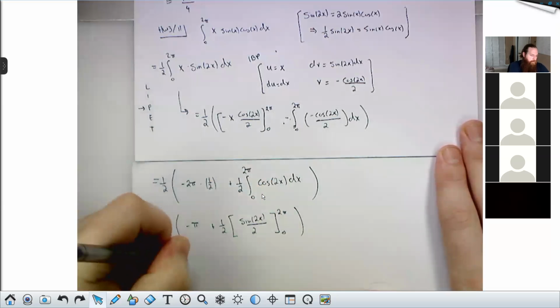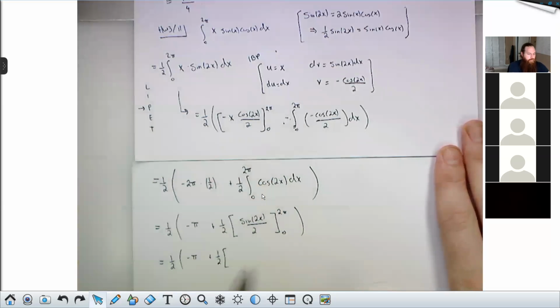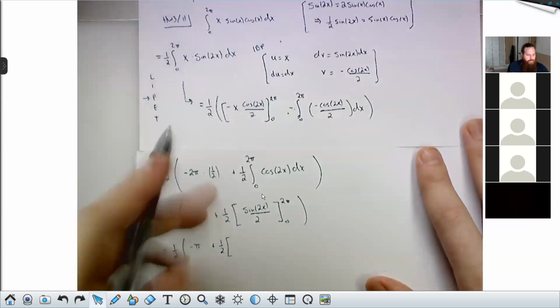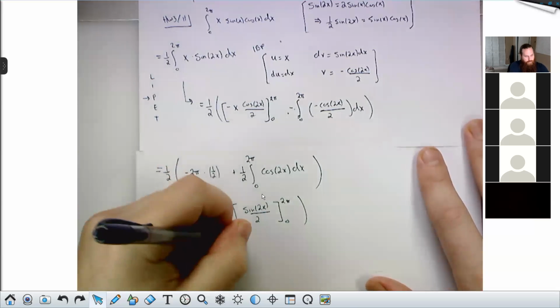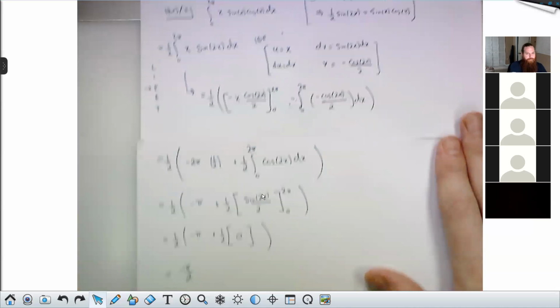That's 1/2 times negative pi plus 1/2 times, if I plug in 2 pi here, I get the sine of 4 pi, which is 0. And if I plug in 0, I get the sine of 0, which is 0. So this whole thing here is 0, which means altogether I just get negative pi over 2.